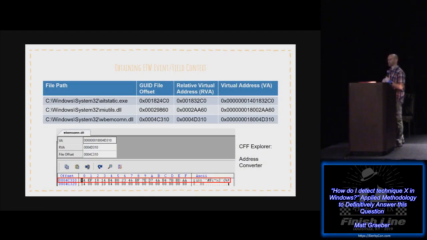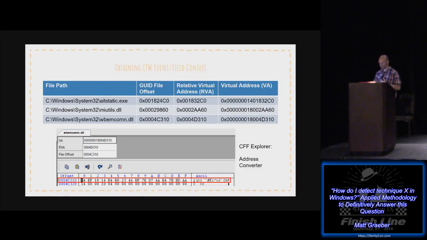I've got some code to do this, and I'll release all the code as well. Here I'm just forming a binary regex to look for that corresponding WMI activity ETW provider. And here's what I came up with. I only found these three DLLs.